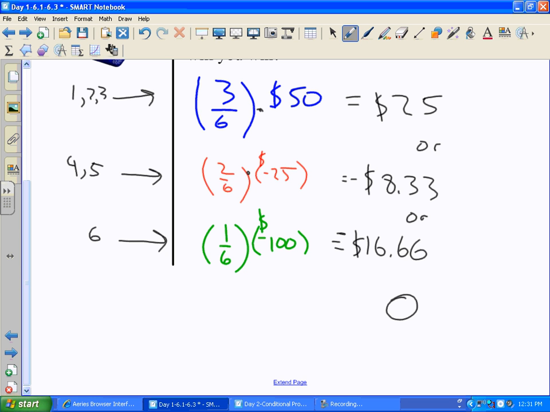Okay? So this is what's called a zero-sum game. It means I'm not going to make any money off you guys, me the teacher, but I'm not going to lose money off you guys in the long run. It also means that you, the student, are not going to make money off me in the long run, and you're not going to lose money off of me in the long run.